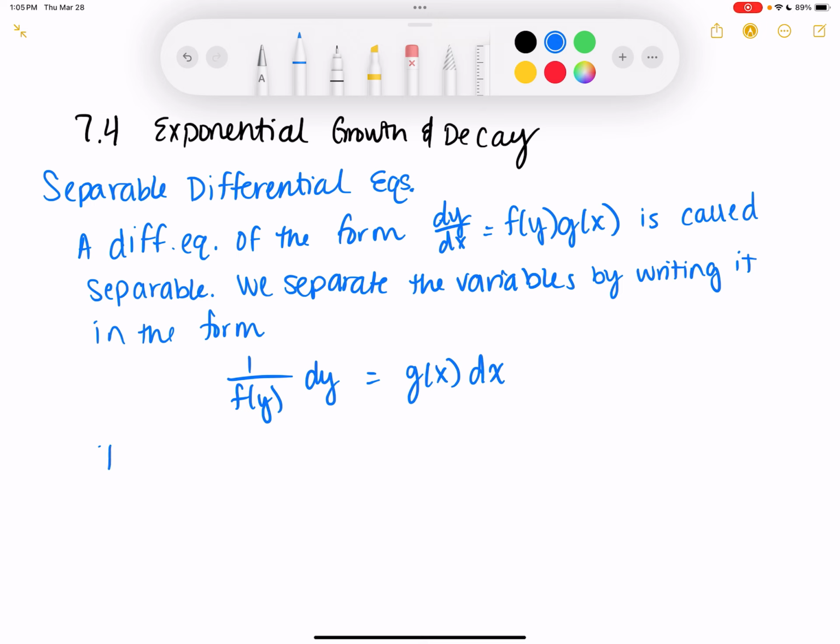And then the solution, the way we actually would go about solving this, is found by anti-differentiating.